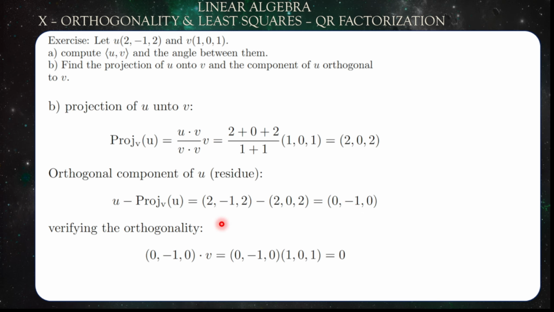If we take the dot product with v, which is 1, 0, 1, it should verify the orthogonality. So 0, minus 1, 0 times 1, 0, 1 gives us 0 plus 0 plus 0, which is 0. This verifies the orthogonality.